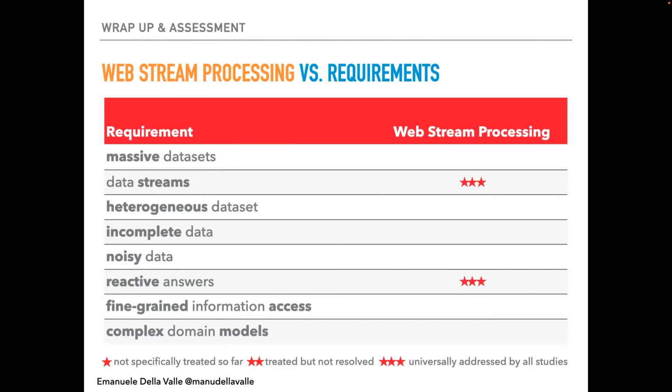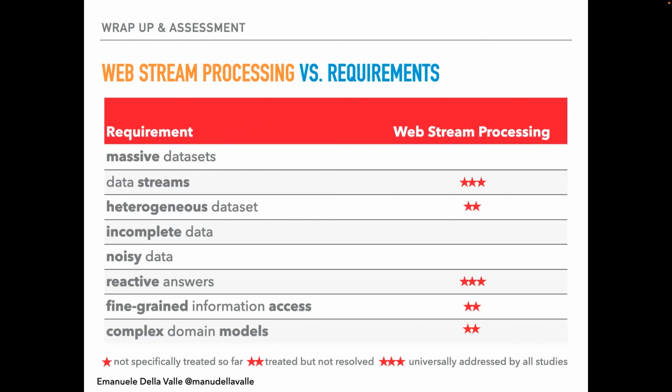Definitely the web stream processing technology now is good, and we have a lot of studies that show that it is possible to process web streams in a reactive way. I think that it was also largely demonstrated, but still I will not call the problem solved.